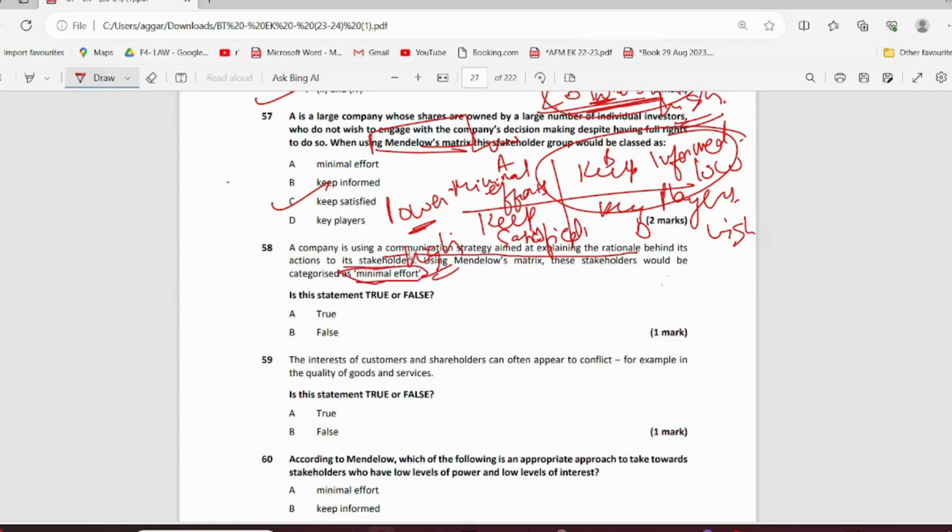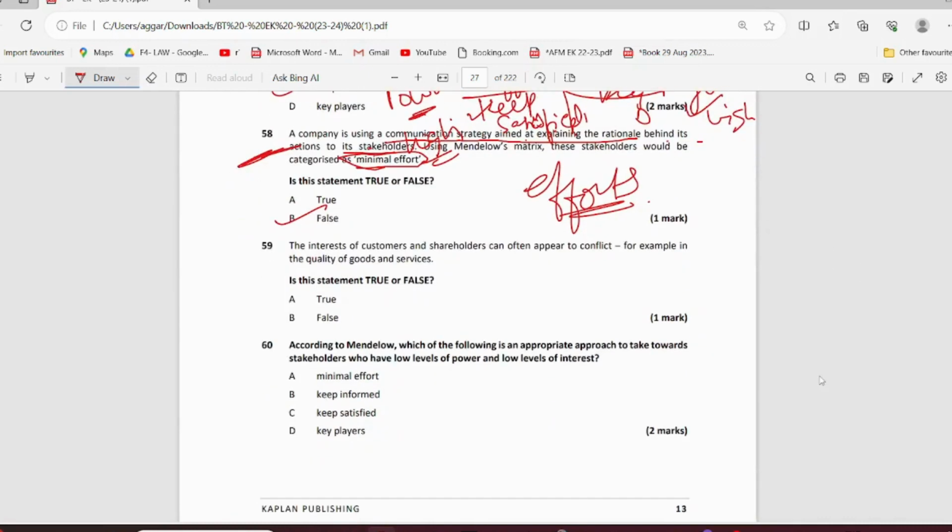How? Because they're using a communication strategy aimed at explaining the rationale behind its actions. If they're explaining the rationale, why will they be in minimal effort? They can either be in keep satisfied or key players, right? So that is a false statement, because they're making efforts.